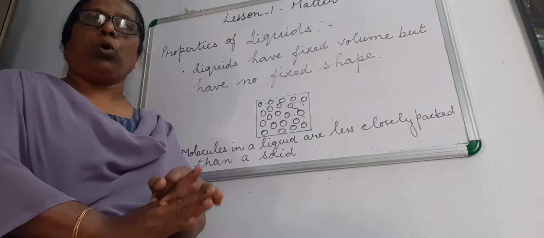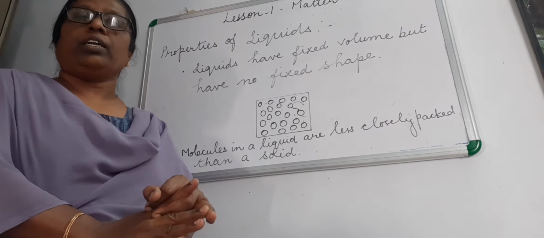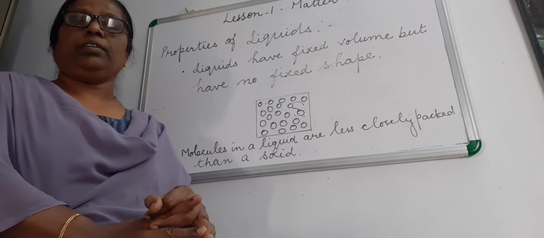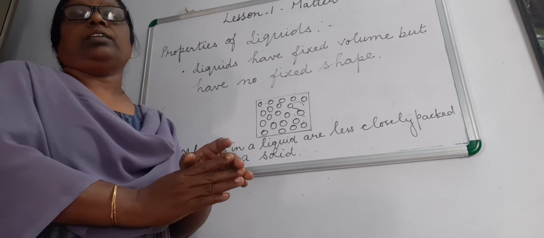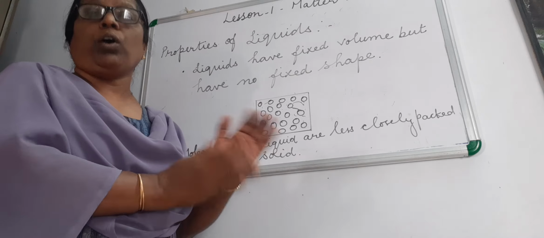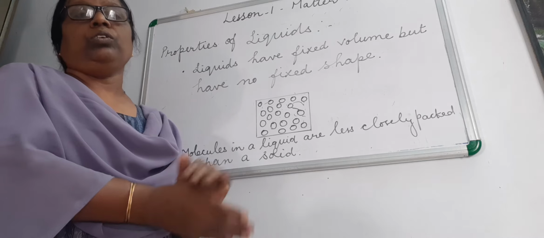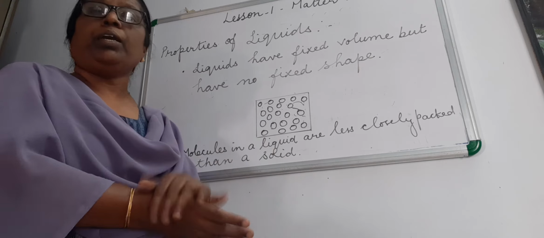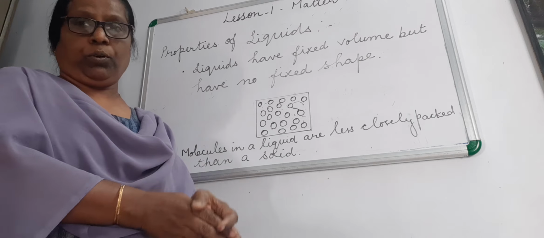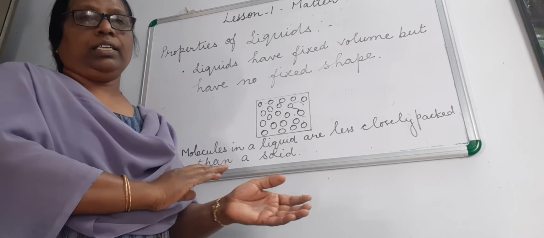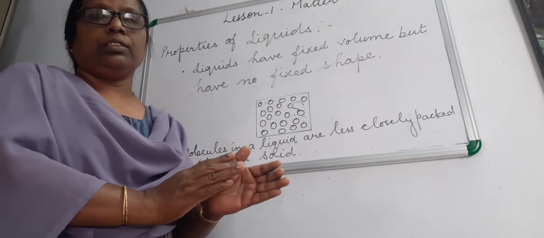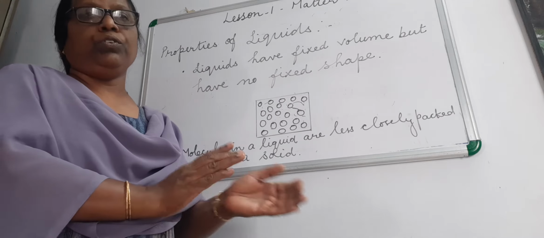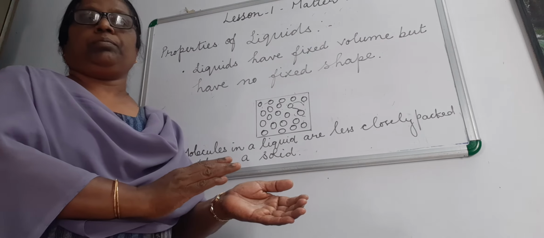Liquids first boil. In solids we learned that on heating, a solid melts, and liquids boil. So liquids go to the boiling point, not the melting point. Already it is in the liquid form. It boils before it changes its state.